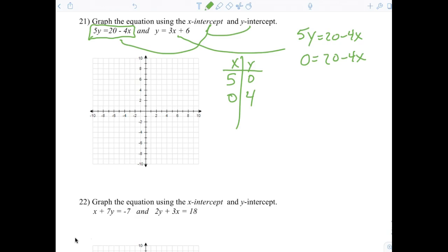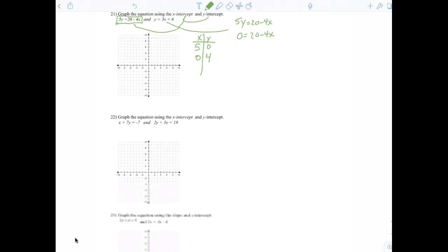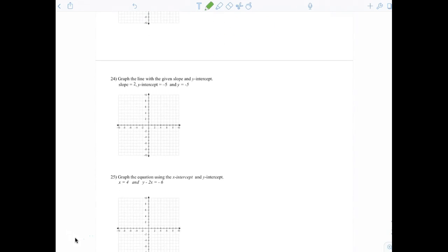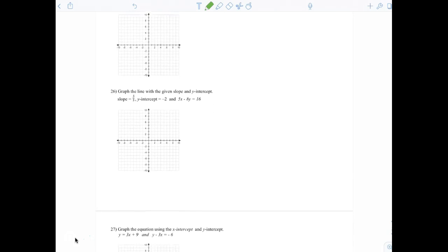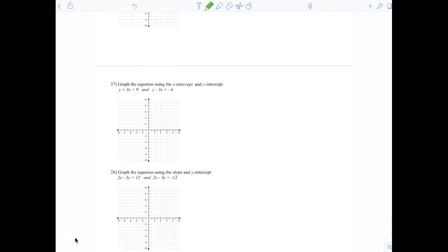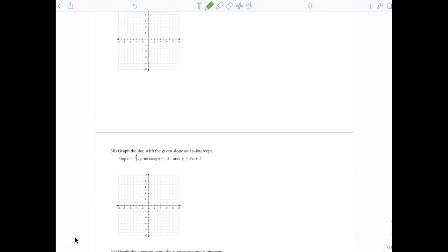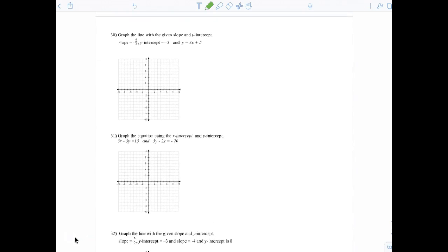All right, now we should be crystal clear on what to do. If somebody asks you to graph a line, it should be no problem whatsoever. I'm going to flip ahead a little bit because I want you to take care of all this graphing.